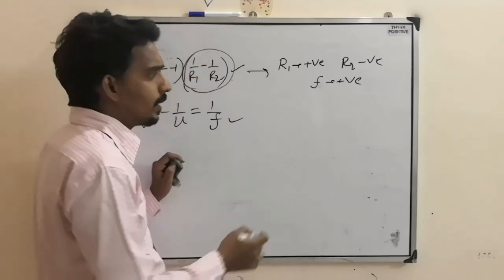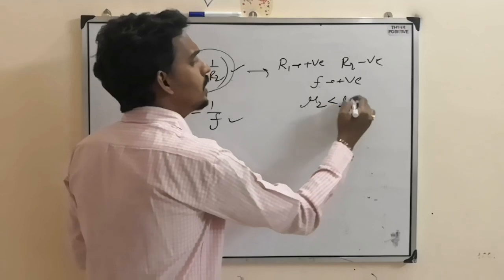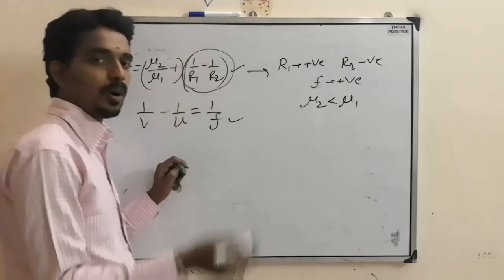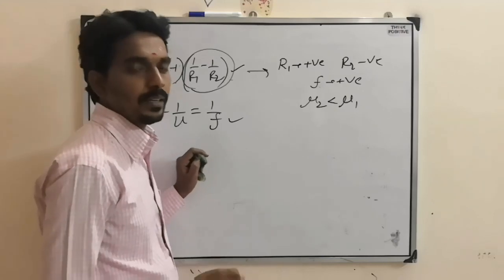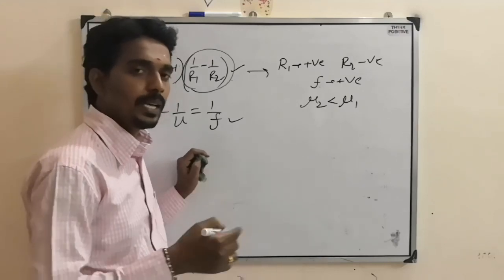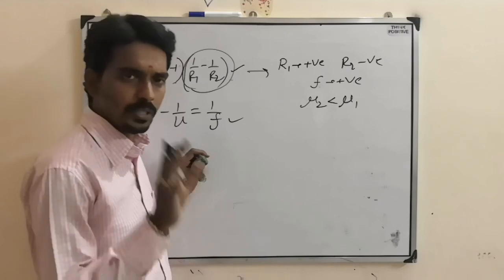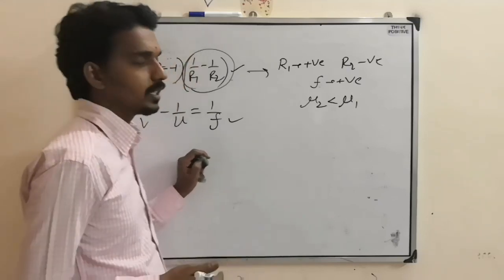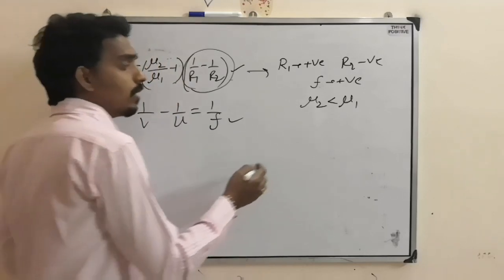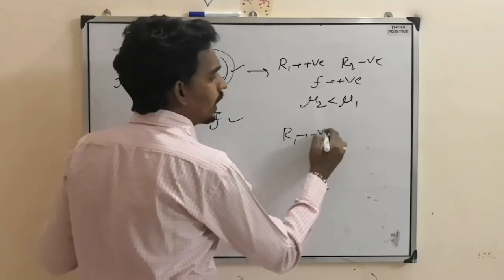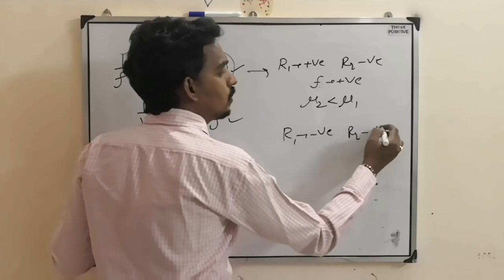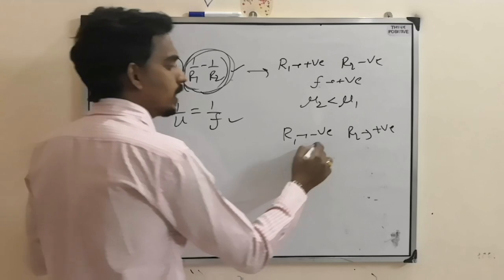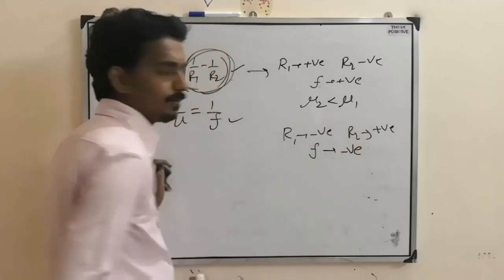Suppose you keep it in a medium such that mu2 is less than mu1, then the focal length of the convex lens becomes negative, and it behaves like a diverging lens. Positive focal length means converging lens, negative focal length means diverging lens. In case of concave lens, R1 is negative, R2 is positive, so this term will become negative. So the focal length is always negative in air medium.